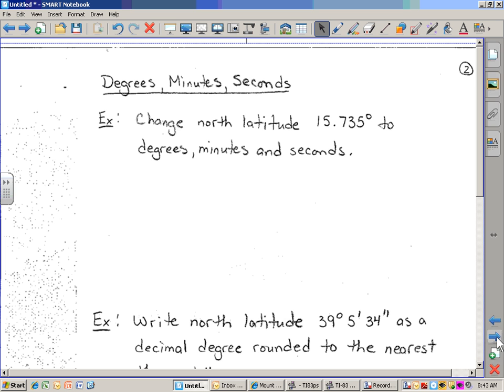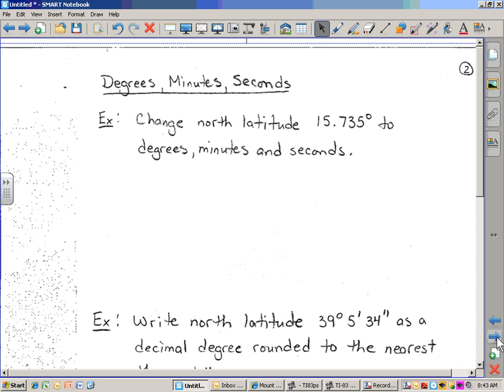Okay, degrees can be broken down into smaller increments called degrees, minutes, and seconds. So here we have an example. Change north latitude 15.735 degrees to degrees, minutes, and seconds. Now there's a couple different ways that we can approach this.